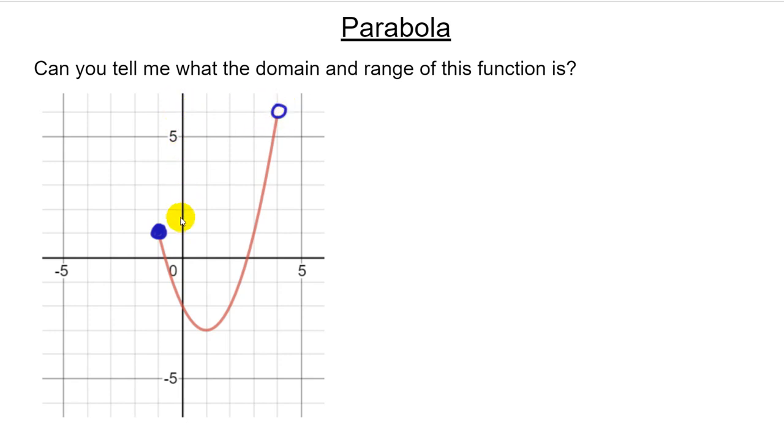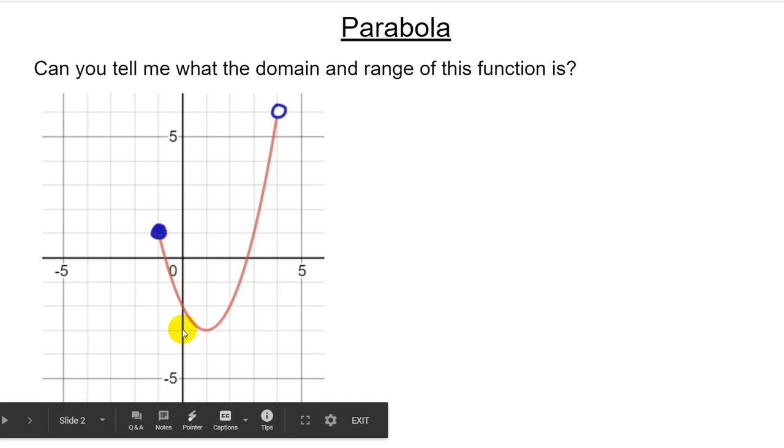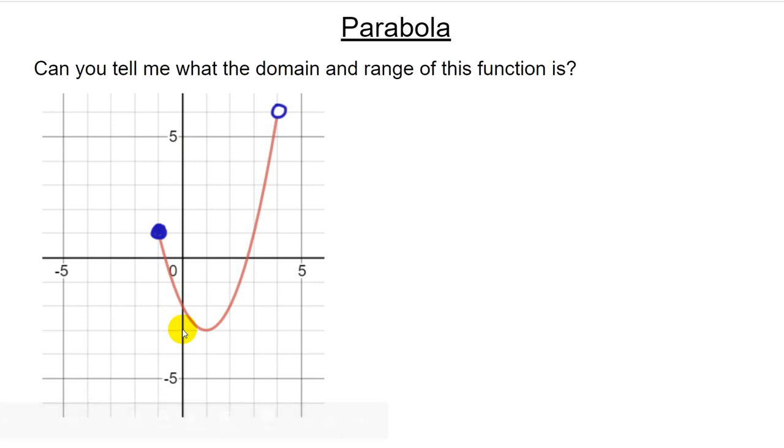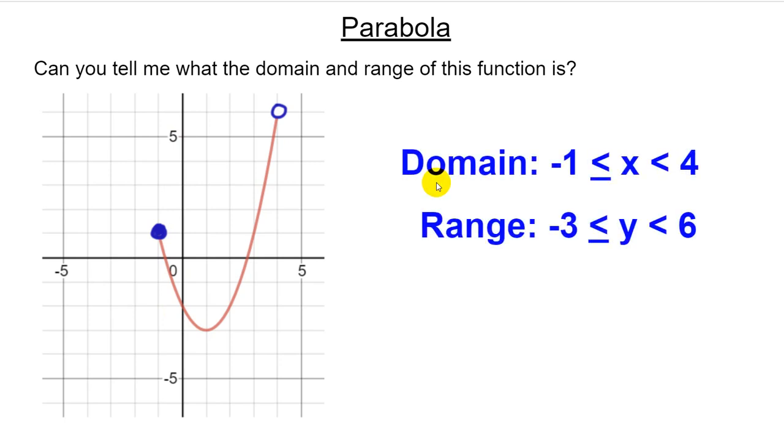So the range goes from y values between -3 and 6. In other words, -3 is less than or equal to y, which is less than 6. And that's basically what we have there.